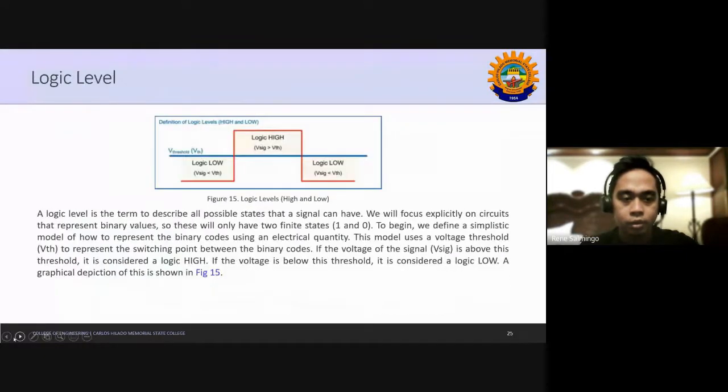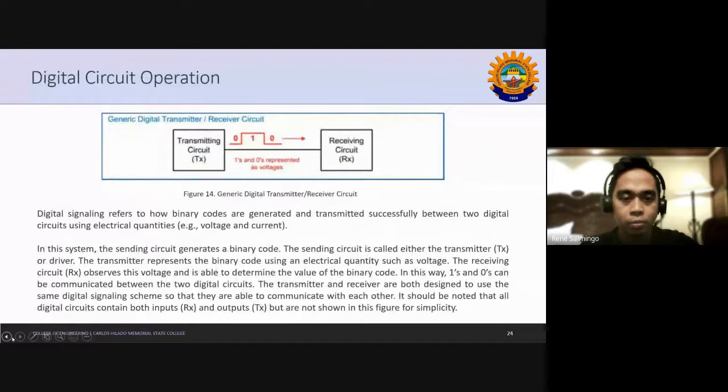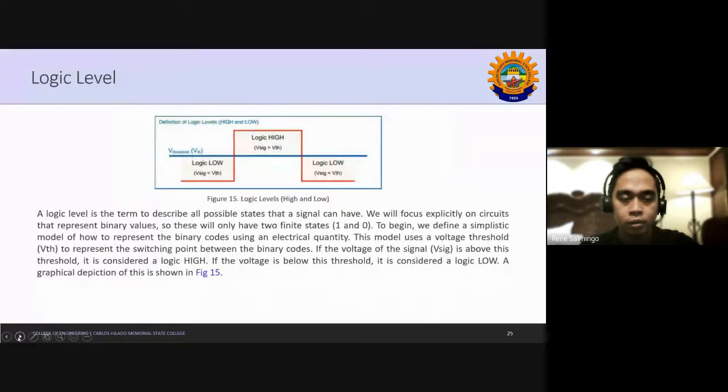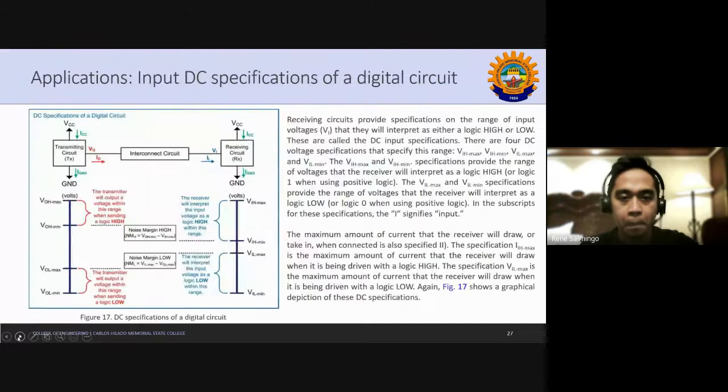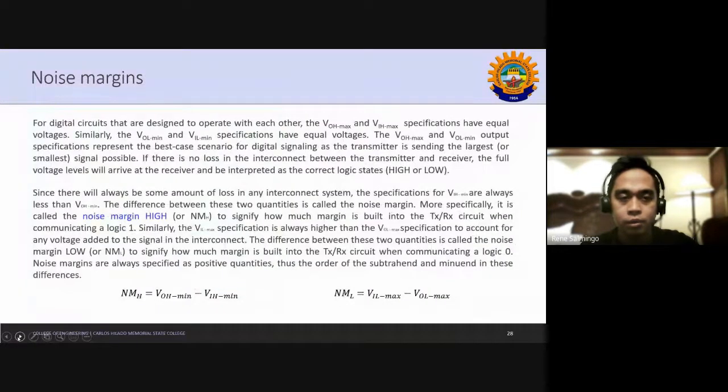So we also touched on digital circuit operation. We have the transmitter and the receiver. Also, we discussed the logic levels. And we also defined positive logic and negative logic, and also the input DC specification of a digital circuit, which is also used in determining the number of voltage and current.